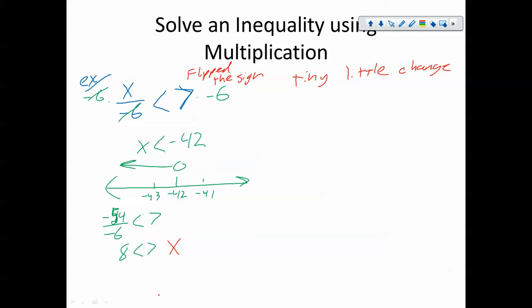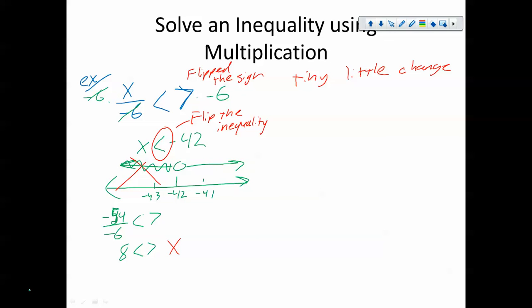And what that means is, when we multiply by a negative and this sign gets flipped, we also need to flip the inequality. Anytime you multiply by a negative in an inequality, we have to flip the inequality to the other side. Because as it turns out, the values to the left are not the correct answer on these ones. It's actually the values to the right that create a correct answer.